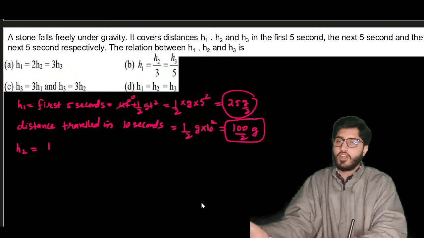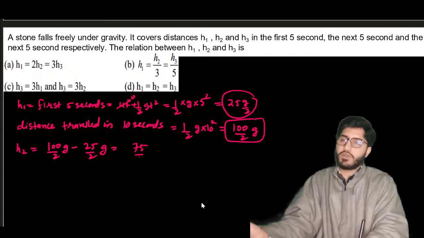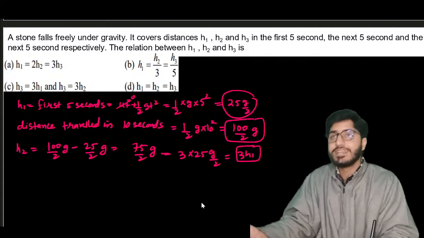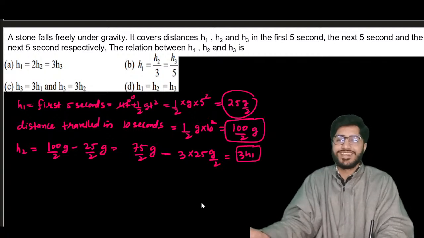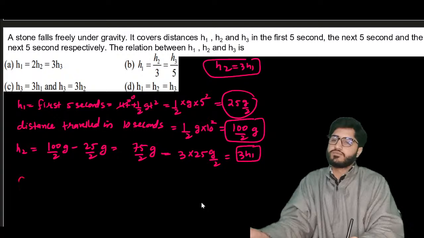So it will be 100 by 2g minus 25 by 2g, that is 75 by 2g. Clear? So it is 3 multiplied by 25 g by 2. It will be 3 times h1. So h2 equals 3 times h1. First relation.